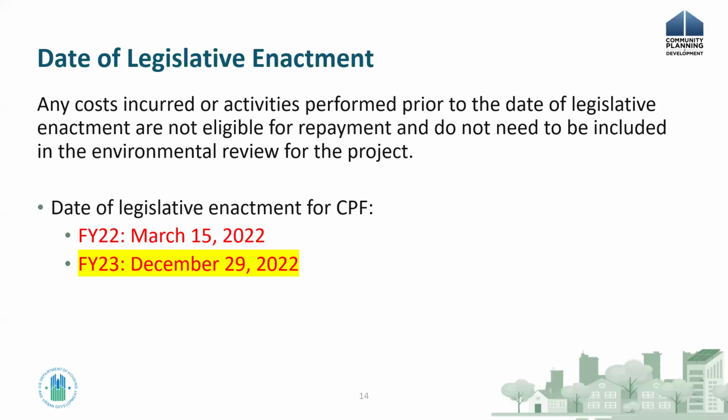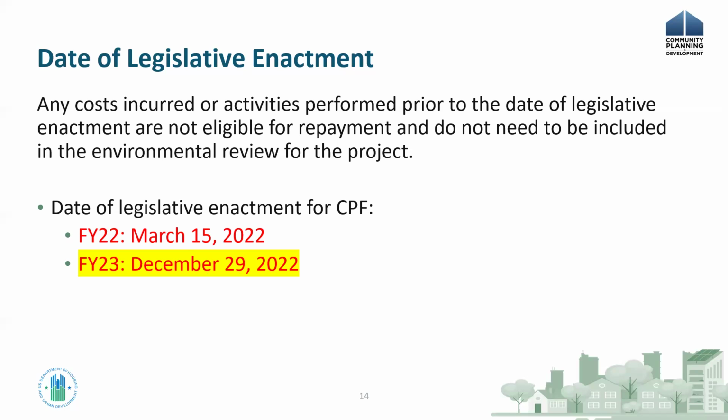So this next slide is about the date of legislative enactment. This is an important date for the CPF project and grant, as this is the date that Congress appropriated the funds for the community project funding for that fiscal year. And the reason it's important is because any costs that are incurred or activities that are performed prior to the date of legislative enactment are not eligible for repayment and do not need to be included in the environmental review for the project.